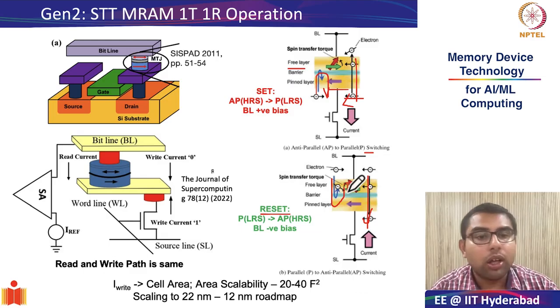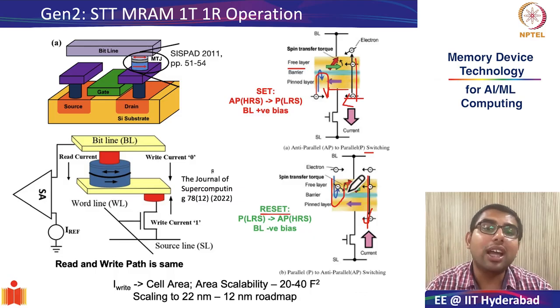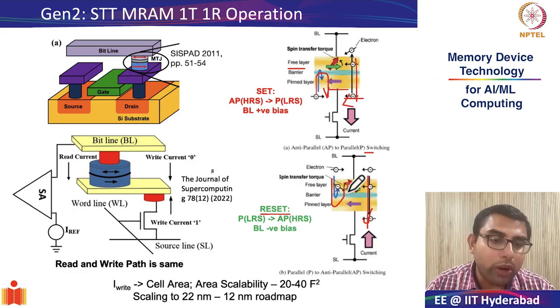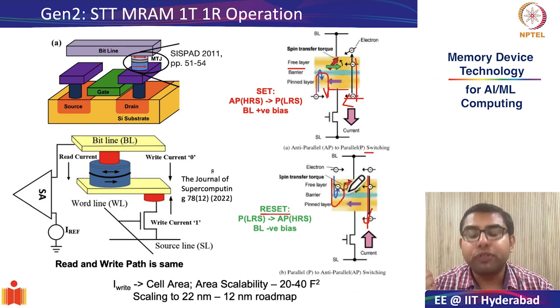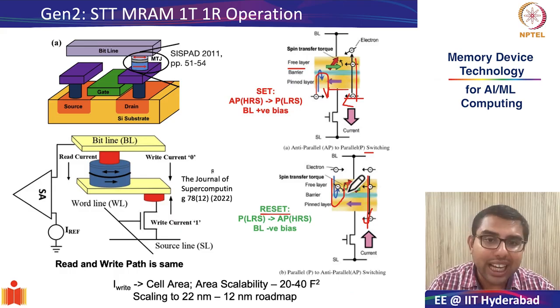Not only that, the scaling of these devices has been really fascinating. All your major companies, whether it's Intel, TSMC, provide MRAMs at 22 nanometer node, and the future roadmap is also to go to 12 nanometer node. So therefore, STT-MRAM is the success story in commercialization.